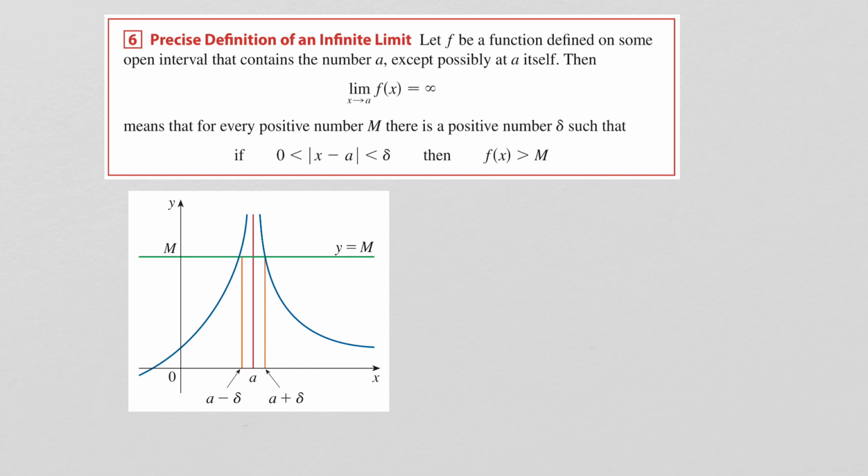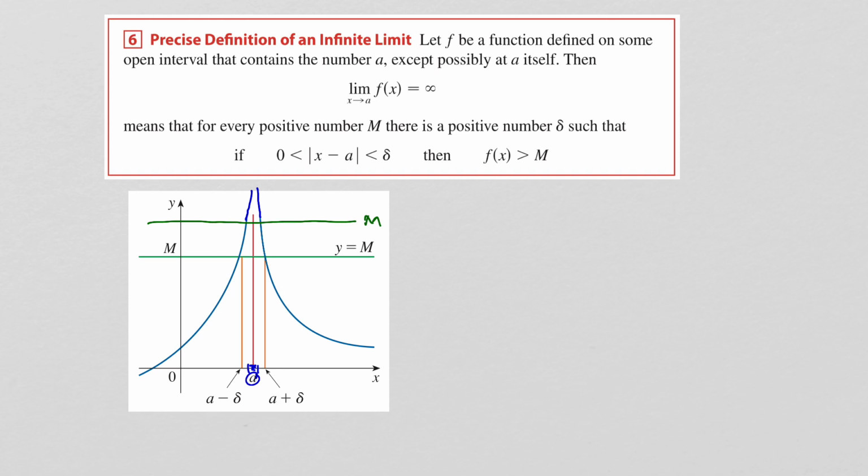And no matter how high you pick that line, so even if you pick that line to be a little bit higher, eventually the function is going to be above that line. You might just have to get a little bit closer to a for that to happen.